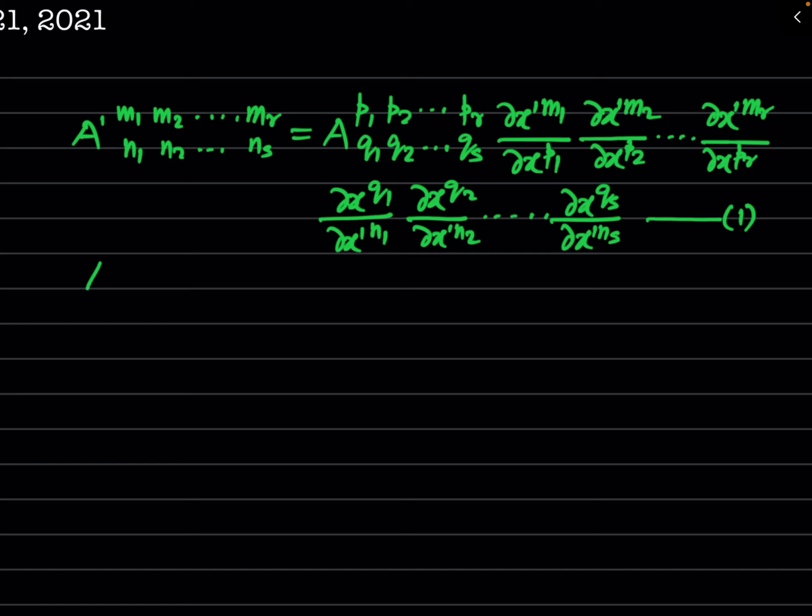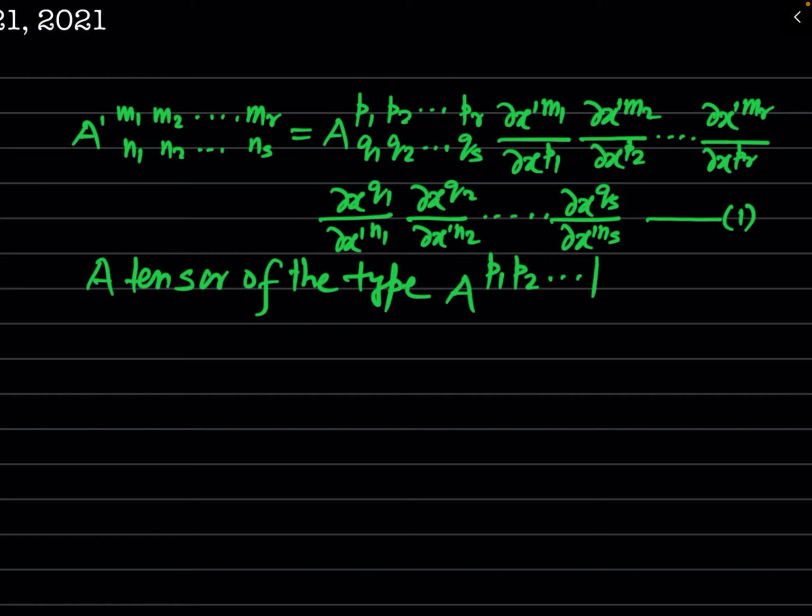So a tensor A with contravariant indices p1, p2, so on, pr, covariant indices q1, q2, so on, qs is called a tensor of the type r, s.